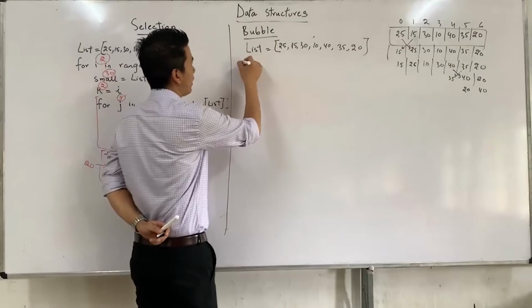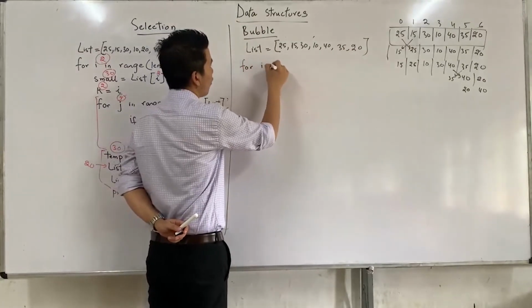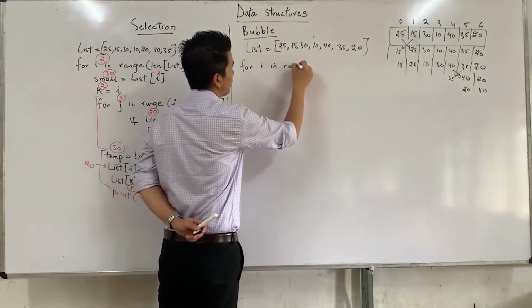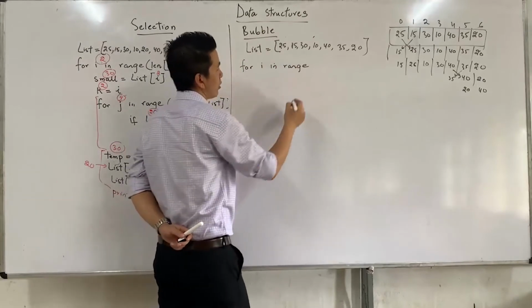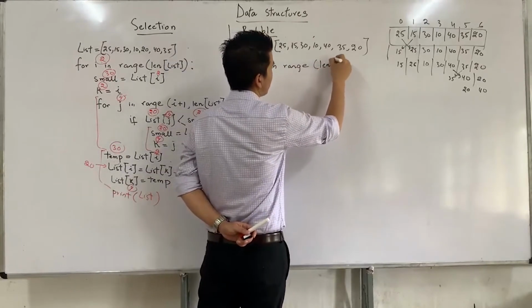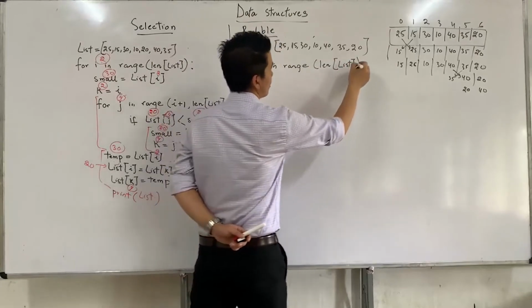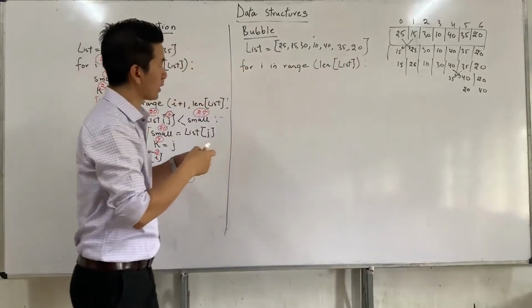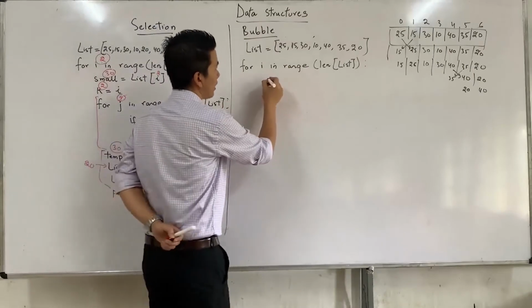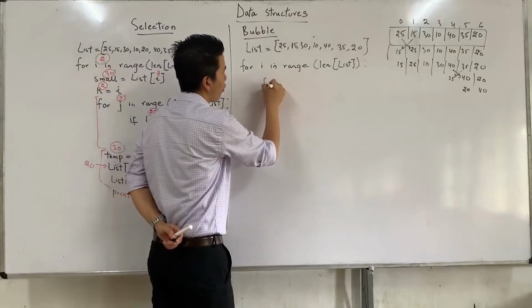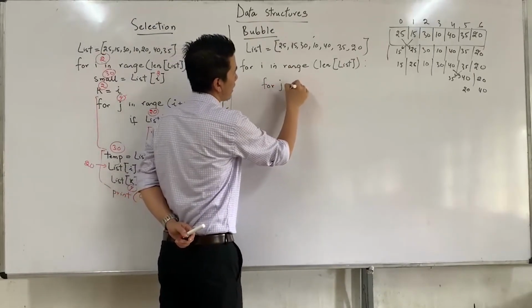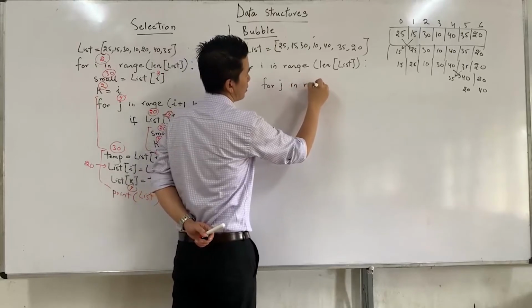Okay, so we'll have two loops: for i in range, and then you have length of list. Don't forget this. And then the next one will be for j in range.